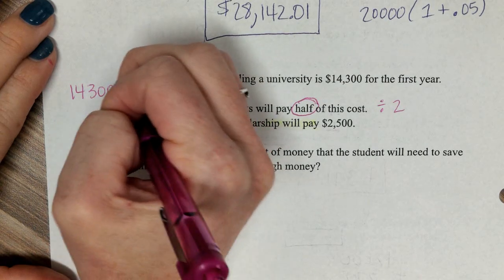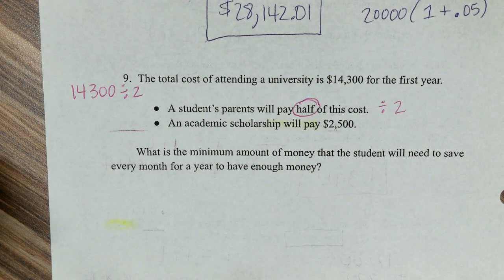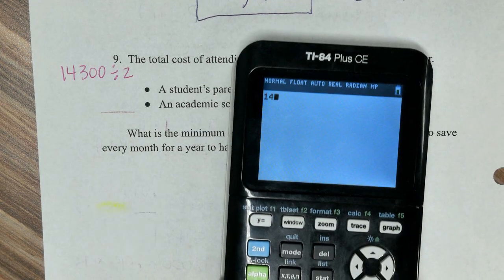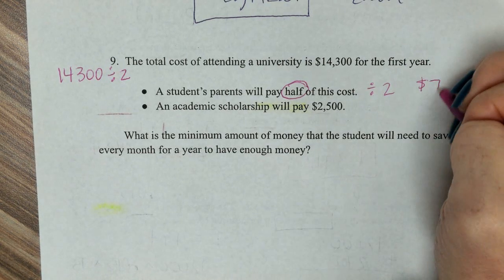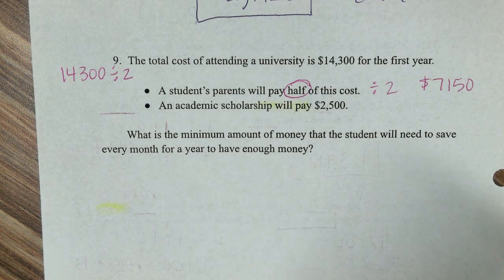But we're going to divide that by 2 because her parents are paying for half of it. So let's go put that in our calculator. 14,300 divided by 2 is $7,150. So her parents are going to pay $7,150 and she's going to pay $7,150. We don't need to subtract because they're paying the exact same amount. Do y'all see what I'm saying?